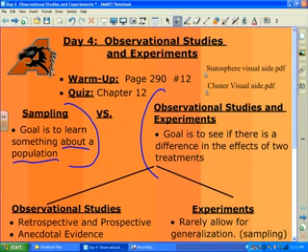Whereas with observational studies and experiments, we can't generalize to the whole entire population. We're just trying to see if there's a difference in the effects of 2 different treatments, medicine A versus medicine B, medicine A versus a placebo, the sugar pill, whatever.